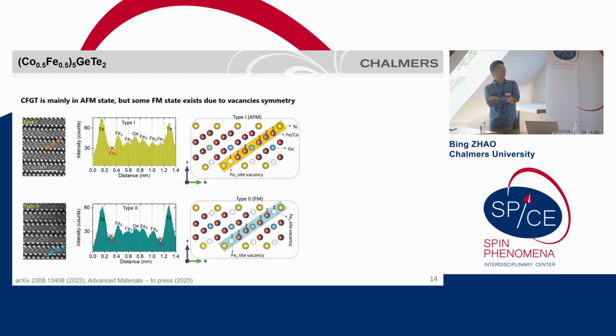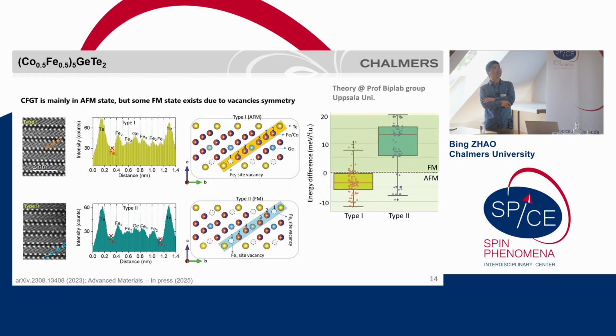And we took this information to the theory group from Uppsala, and they tried to build models taking different positions of the iron, with these two geometries, one being the anti-symmetric iron defect, one being the symmetric defect. They found that most likely the second type is the ferromagnet type, and the first one is the antiferromagnet type.